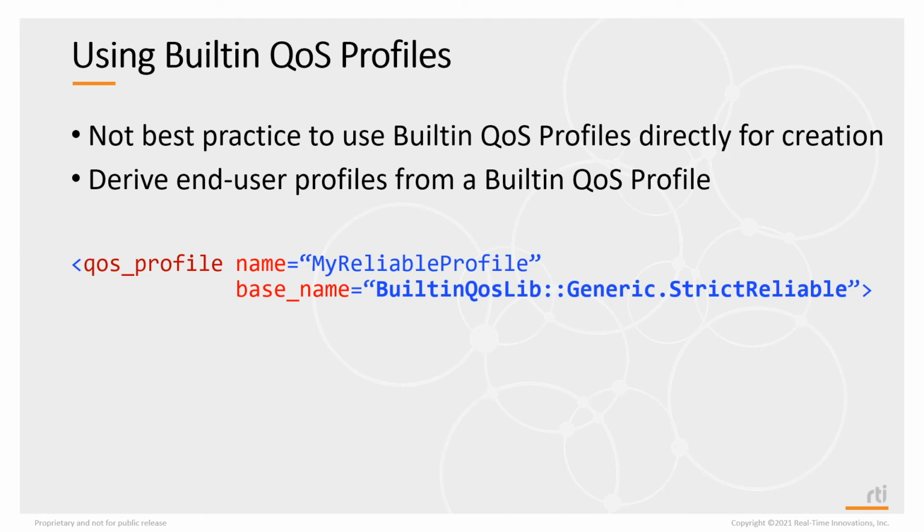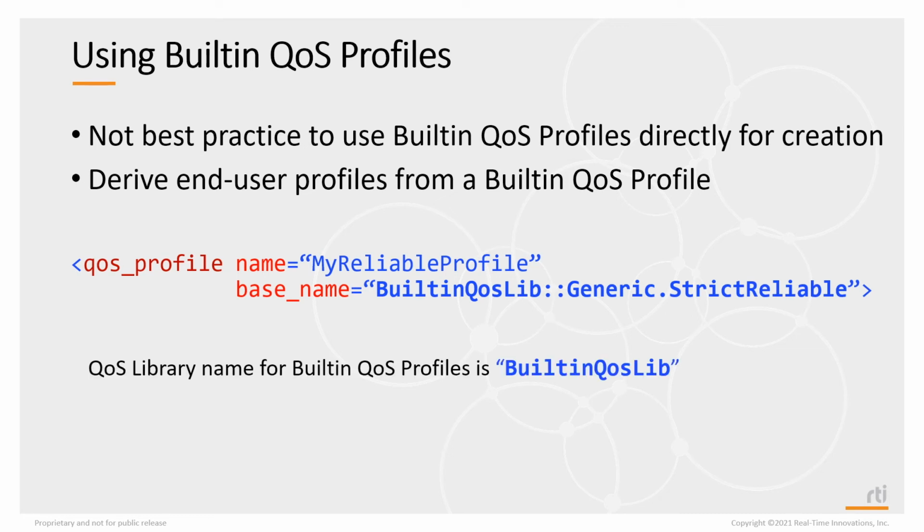Even though initially it's exactly the same, later on you're allowing yourself room to make changes. The QoS library name for built-in QoS policies is BuiltinQosLib. That is the library in which all the built-in QoS policies are stored.